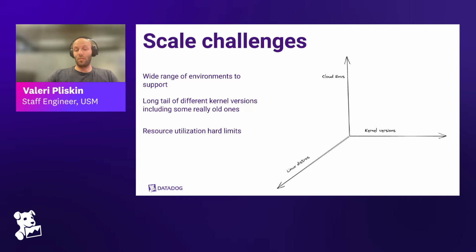However, there are some products that were introduced more recently, and the minimal version that's supported for them is actually a bit newer, if I might say. It's 4.14. Just a fun fact, the end of life for 4.14 is going to be very soon, beginning of the next year. So we're talking about still very, very old kernels.